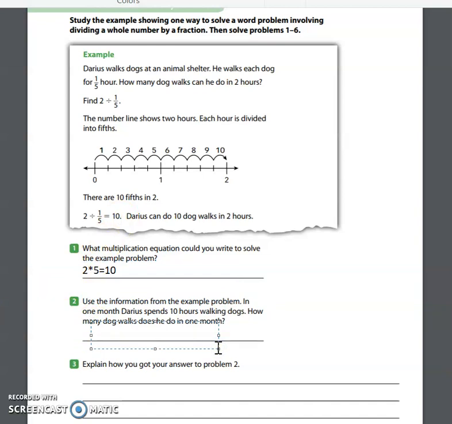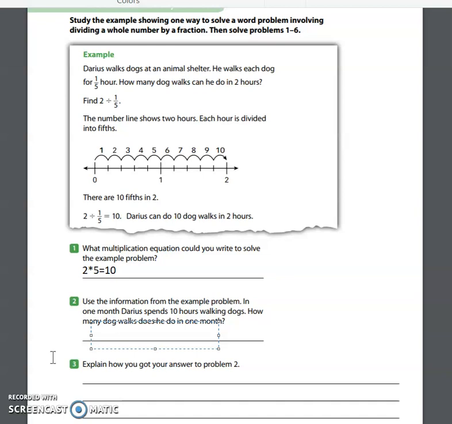Next it says, use the information from the example problem. In 1 month, Darius spends 10 hours walking dogs. How many dog walks does he do in 1 month? Here for question 2, as we see that he's able to walk 10 dogs in 2 hours, we can use that same ratio and see that for 10 hours, he will be able to walk 50 dogs.